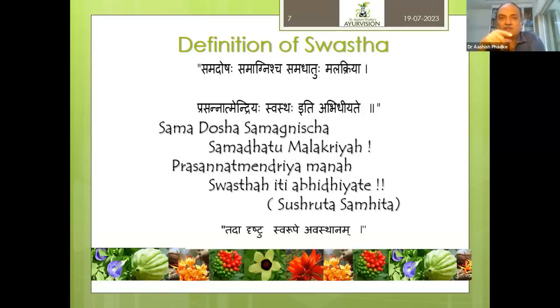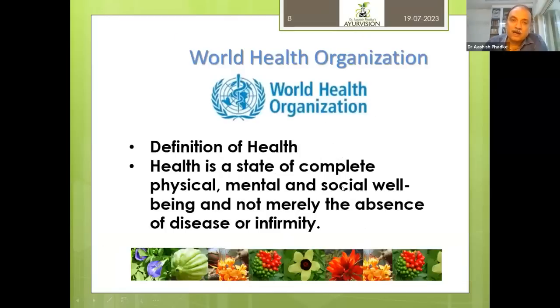Now, what is the definition? Already I explained that definition earlier. Samadosha samagnischa samadhatu malakriya prasanna atma indriya mana swastha iti abhidhiyate. So swastha and swarupe, already I mentioned that, and it is exactly the same as the definition of WHO. Health is a state of complete physical, mental, and social well-being, and not merely the absence of disease or infirmity.